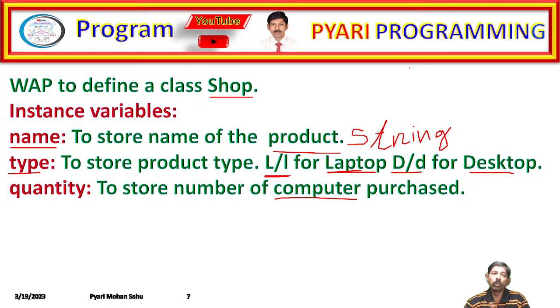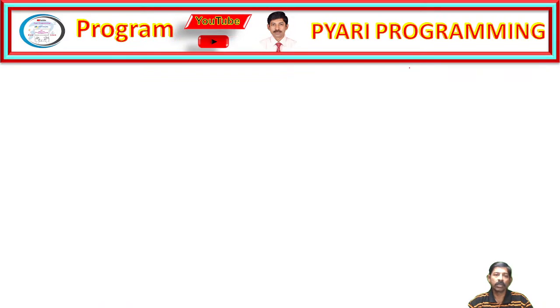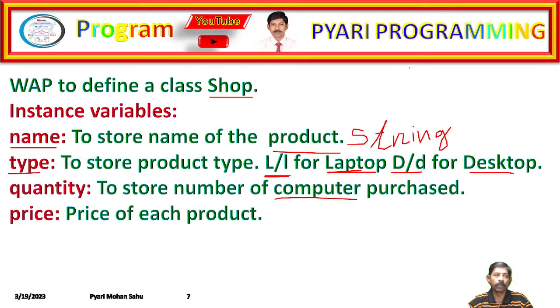This means 2 कंप्यूटर और उसका हाफ, ऐसा नहीं हो सकता, इसीलिए आप क्वांटिटी आपका इंटीजर होगा. प्राइस ऑफ द प्रोडक्ट आपका डबल होगा, क्योंकि फ्रैक्शन में हो सकता है. सो आई विल सजेस्ट दैट go through these variables, check it of your own regarding the data type.